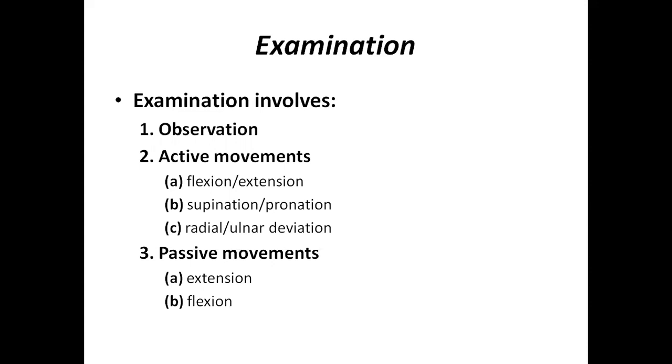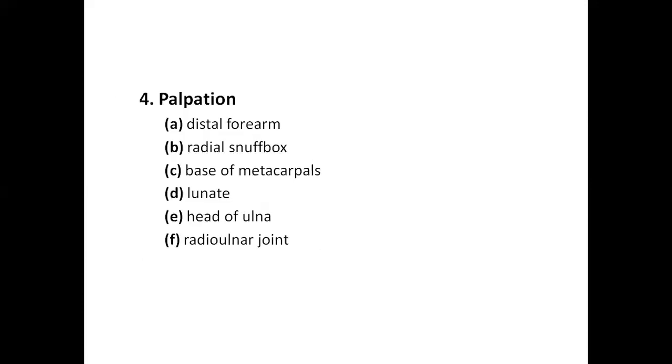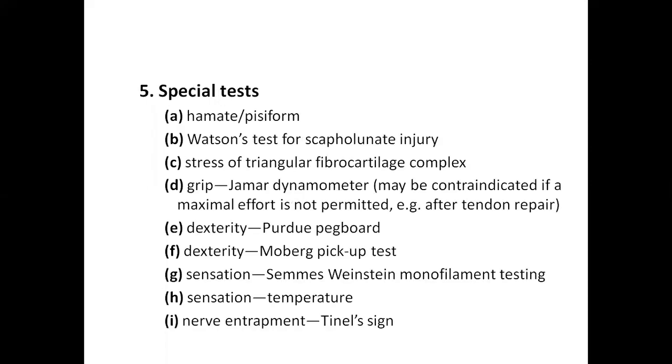Generally, we can check the active movements of flexion, extension, supination, pronation, and both the ulnar and radial deviation. Similarly, passive movements of flexion and extension should be examined during the objective examination of that patient. Some areas that should be palpated are the distal forearm, the radial snuffbox, the base of the metacarpals, the head of the ulna, and the radioulnar joint.